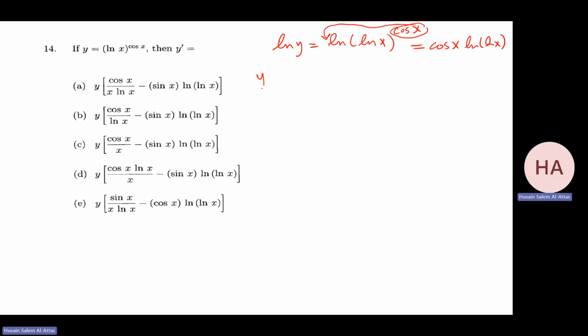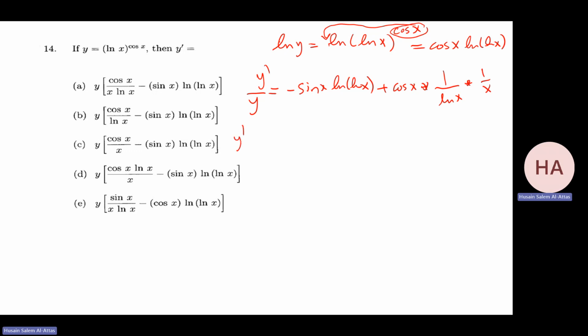Now we'll do the derivative. y prime over y is minus sine x ln of ln x plus cosine x times what? 1 over ln x, the derivative of ln x, which is 1 over x.